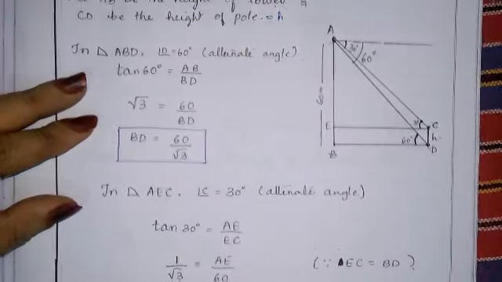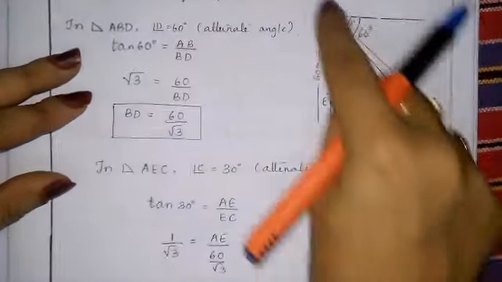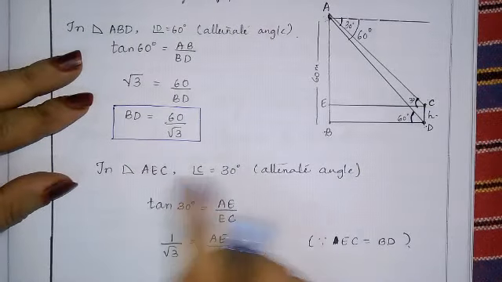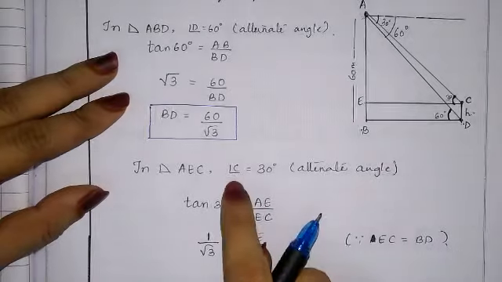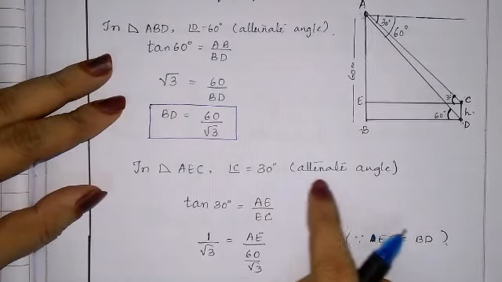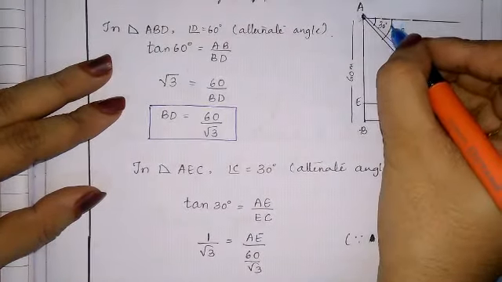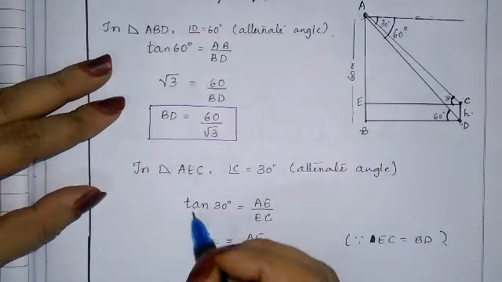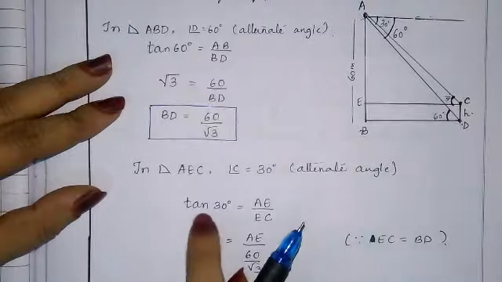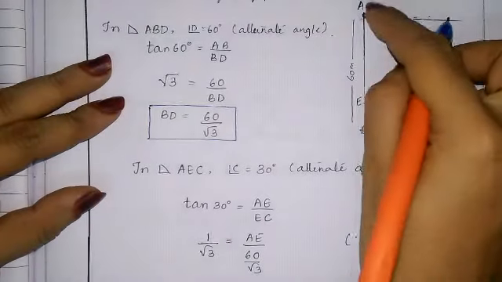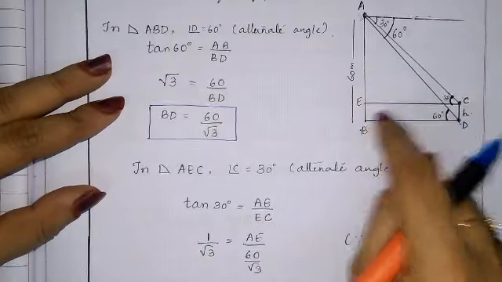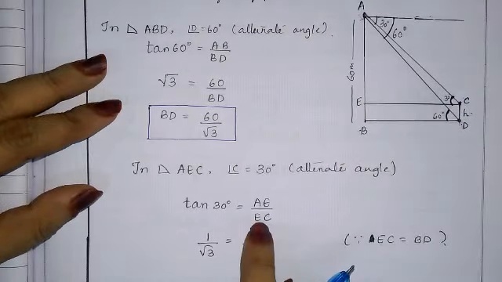Now let us take one more triangle, AEC, because the angle comes in AEC. In triangle AEC, angle C is 30 degree, that is the angle of depression, so alternate angles will be there. So tan 30 degree is opposite AE upon EC.